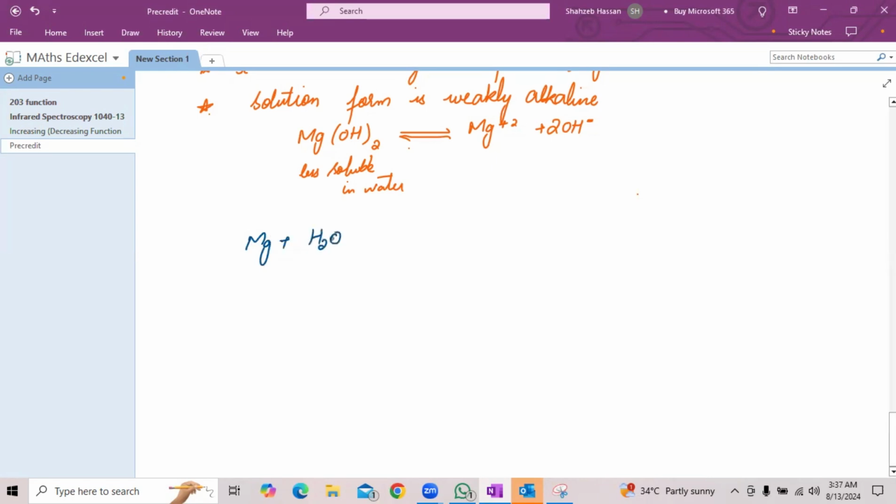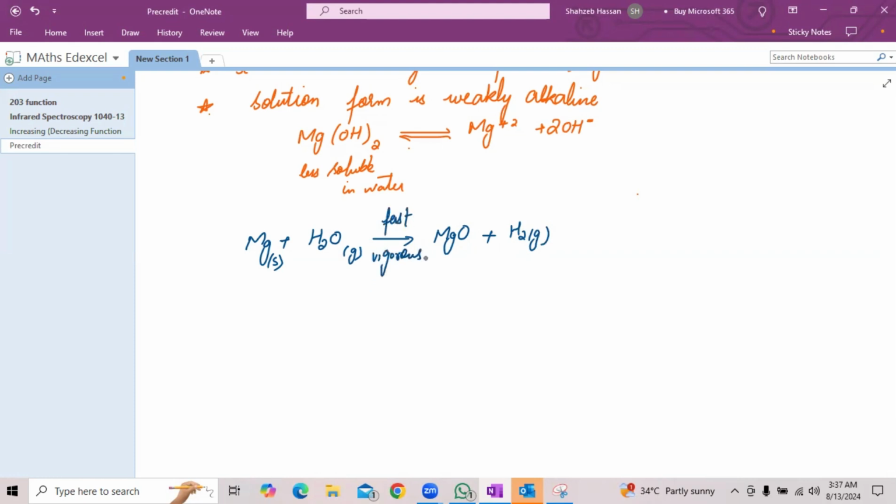Here magnesium, which is solid, is reacting with hot water, or you can say steam, which is in gaseous form. Then magnesium oxide is formed instead of hydroxide, with the elimination of hydrogen gas. So this reaction would be very fast and vigorous as well.